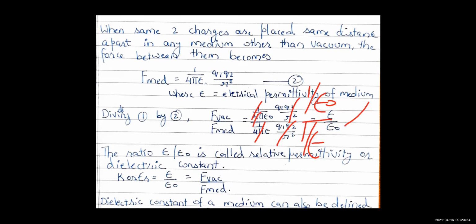So this ratio, epsilon by epsilon naught, is the permittivity in a medium upon the permittivity in the free space.